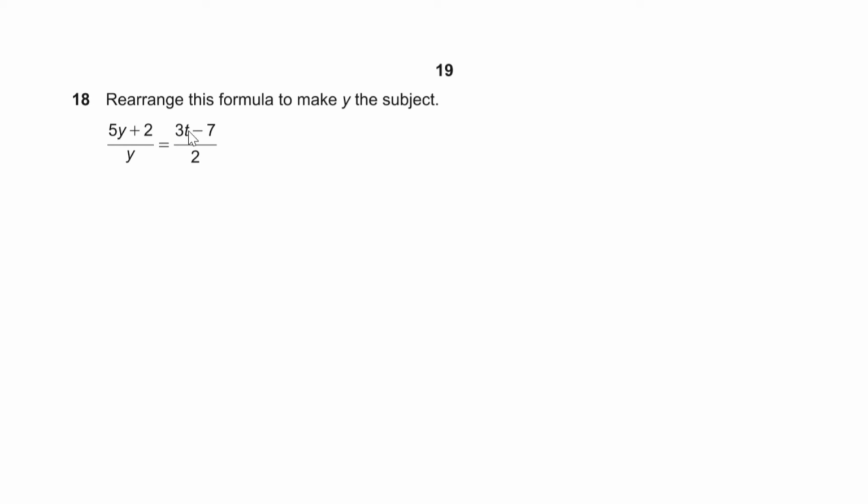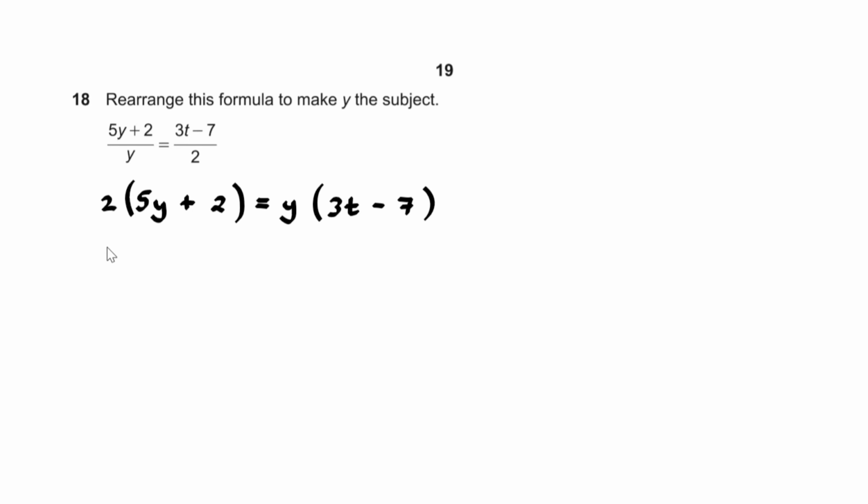Question number 18, we have to rearrange this formula to make y the subject. Well, if I cross multiply, we would have 2 multiplied by 5y plus 2 equaling y times by 3t minus 7.